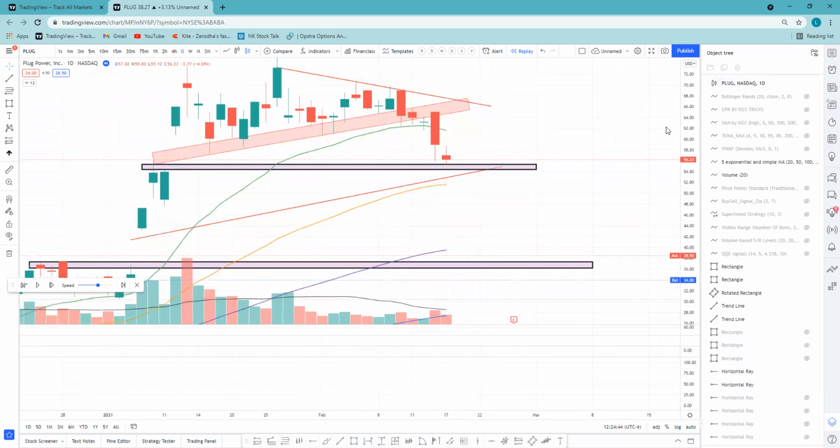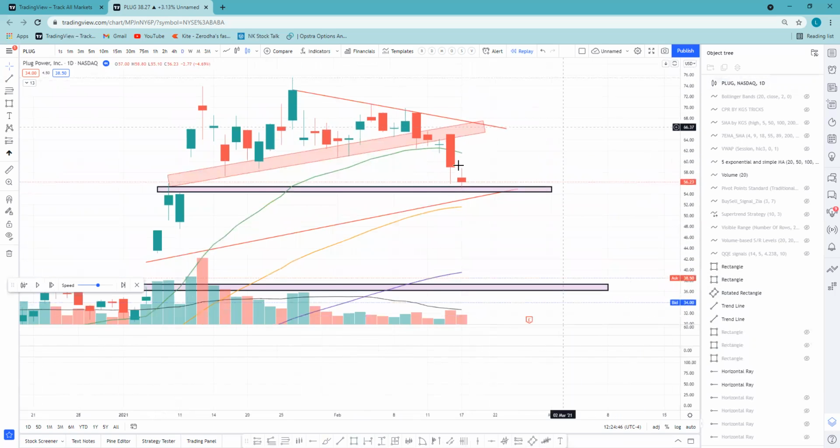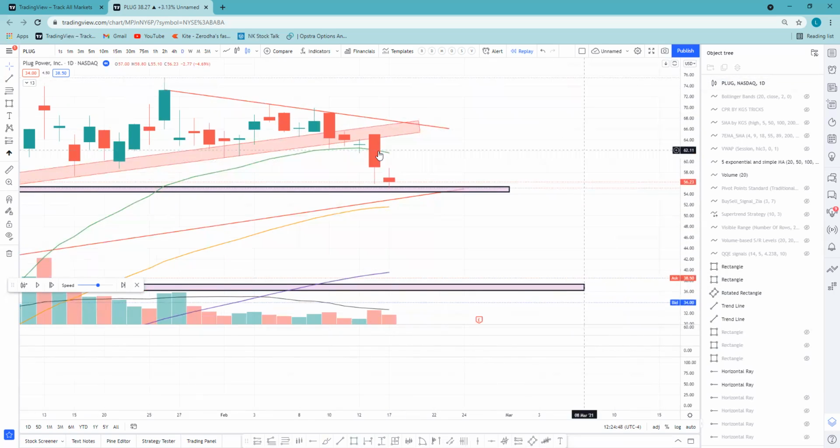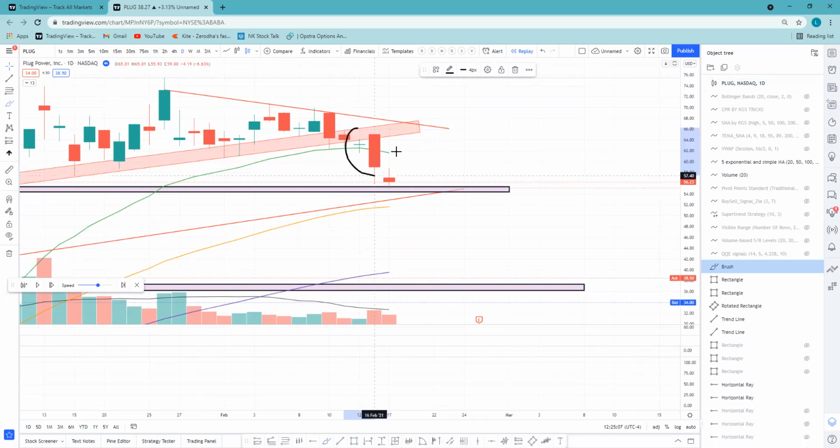Now, wait here. See, what happened was, it did provide the support on the next day, which was the 12th of February. It acted as a support. And then, as I said, if you go on a smaller time frame, if it allows me to go to a smaller time frame, I'm going to highlight this one if you cannot.